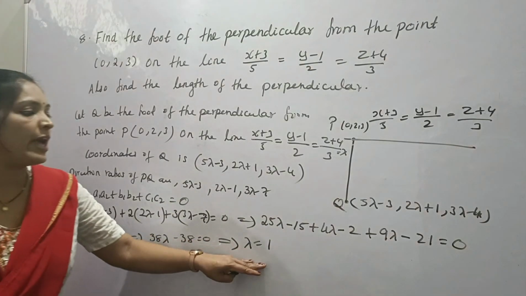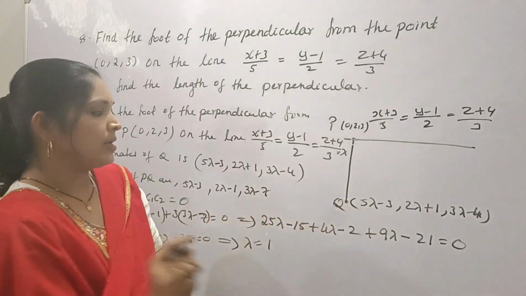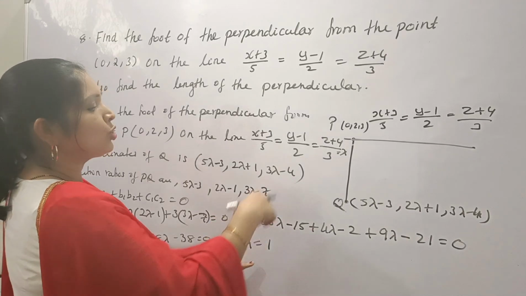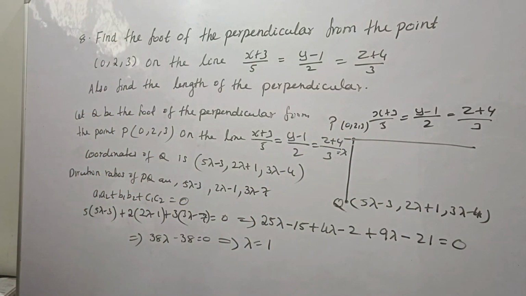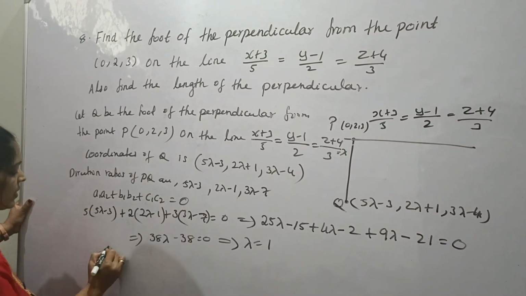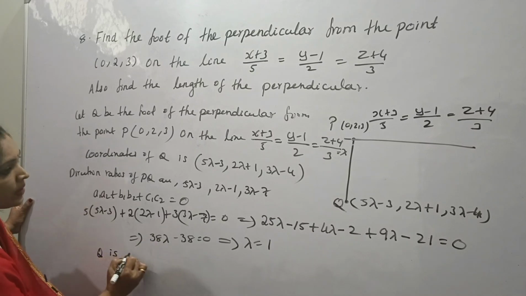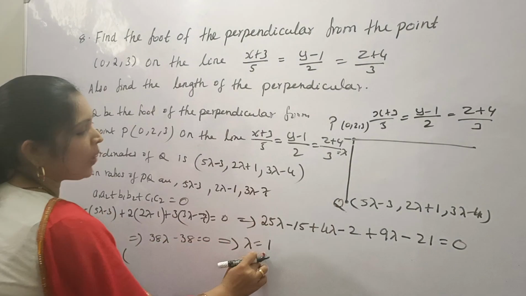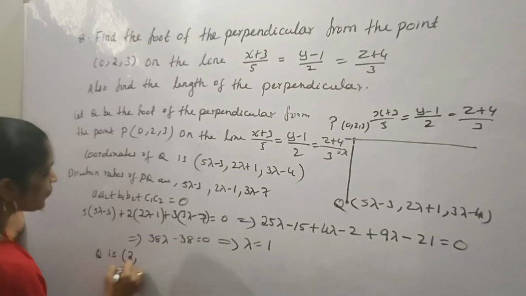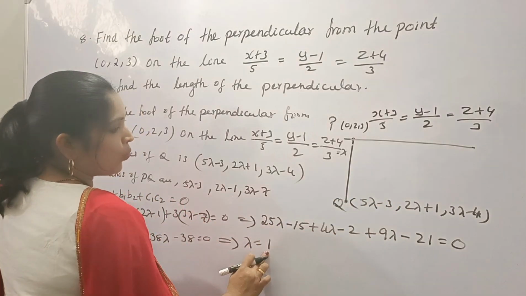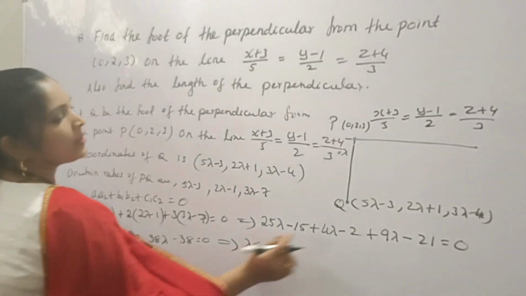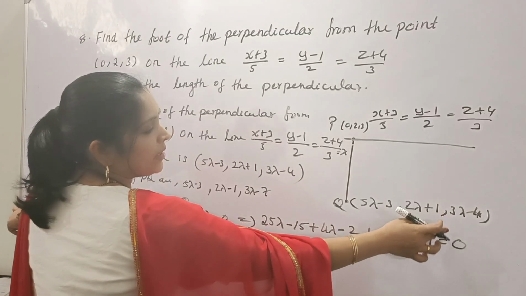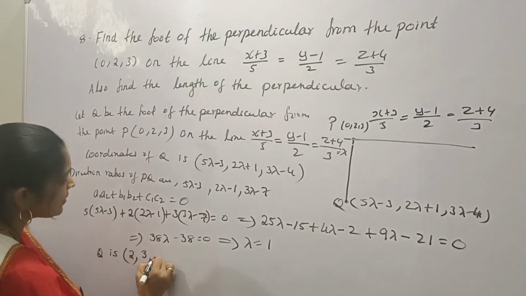We have got the value of lambda, that is 1. Let's substitute lambda equal to 1 in these coordinates and we will get the point Q, the foot of the perpendicular. Therefore the coordinates of Q are 5 into 1 minus 3, that is 2; 2 into 1 plus 1, that is 3; and 3 into 1 minus 4, that is minus 1.